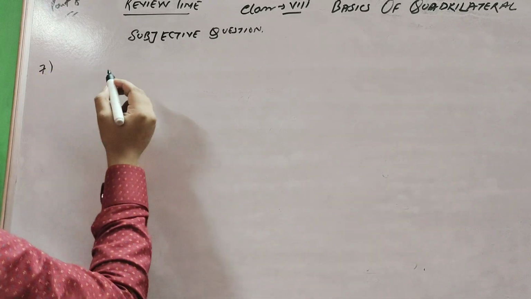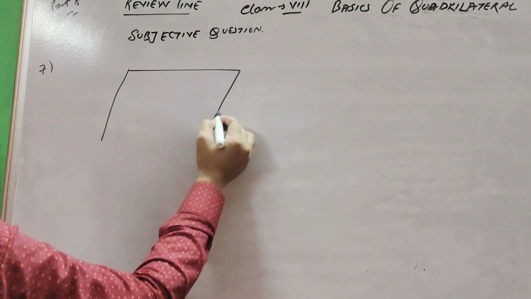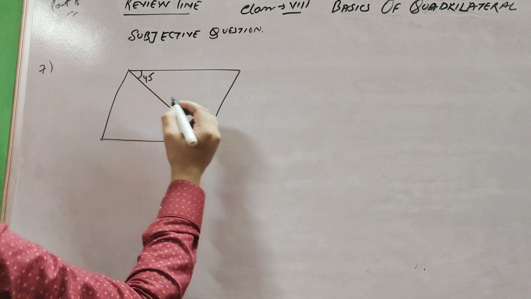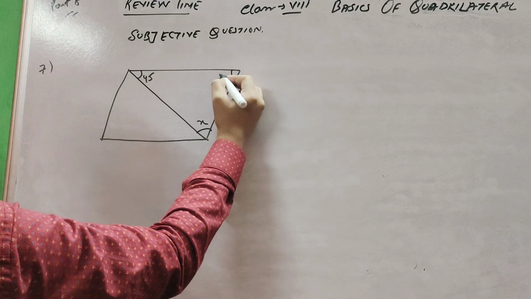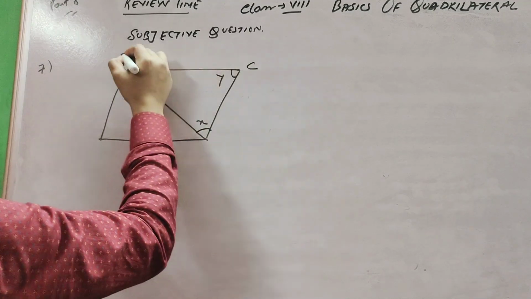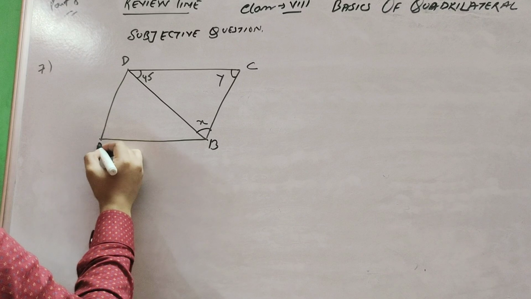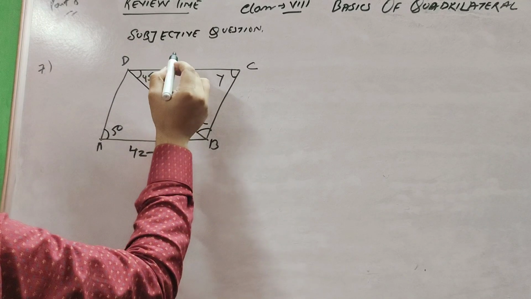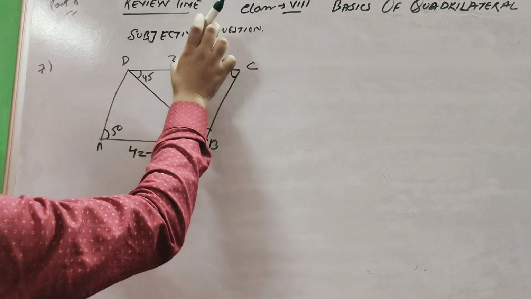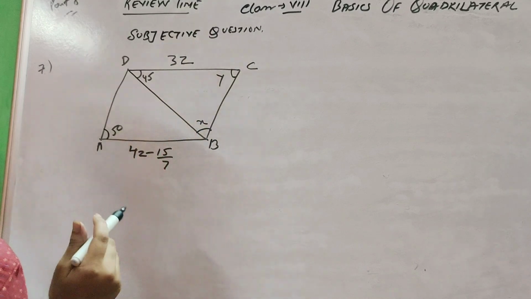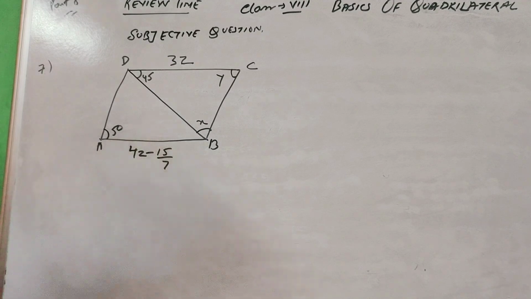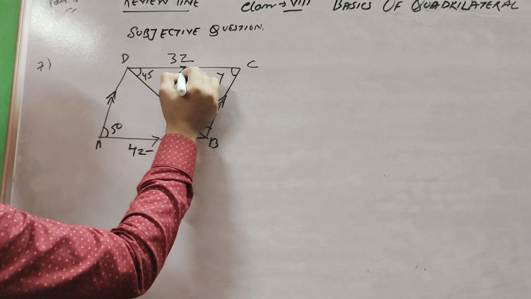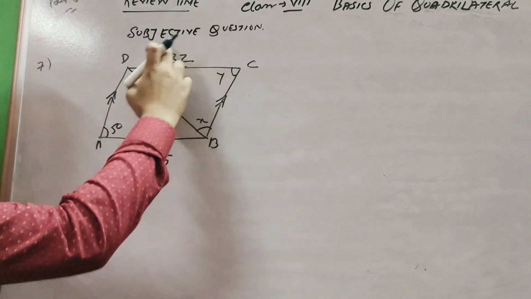Question number 7. Given ABCD is a parallelogram and we find the value of x, y and z.